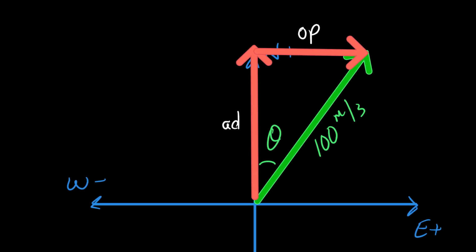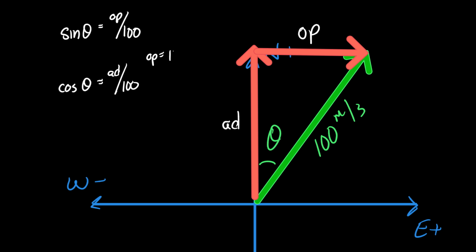So now I'm thinking sine of my unknown angle equals opposite over 100. And cosine of my unknown angle equals adjacent over 100. So my opposite side is 100 sine theta, and my adjacent side is 100 cosine theta.